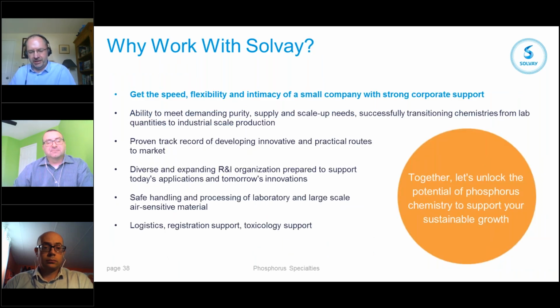So to summarize, I hope we've shown that phosphorus chemistry has a wide range of applications in the life sciences. If you're interested in phosphorus chemistry, we think we're a good company to work with because we're flexible and responsive. We're able and willing to innovate and look at new chemistries.